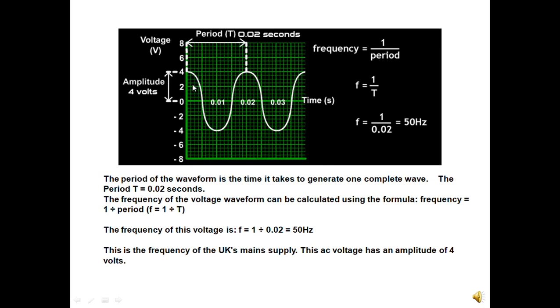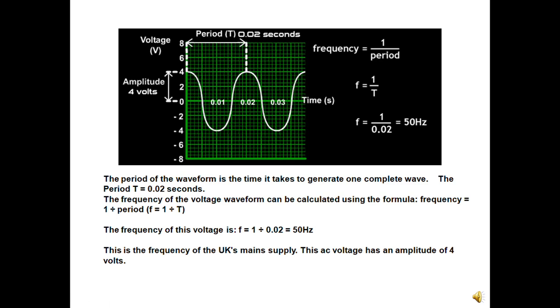And in terms of using oscilloscope traces to establish the frequency of our signal, we look here and we are told that each 5 small squares is worth 0.005 seconds.